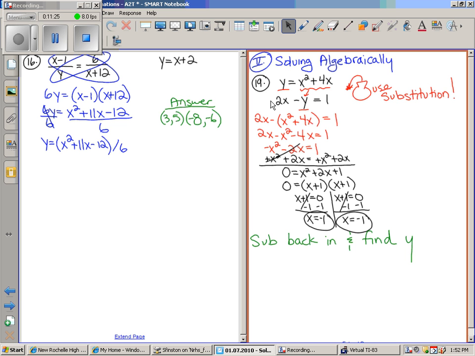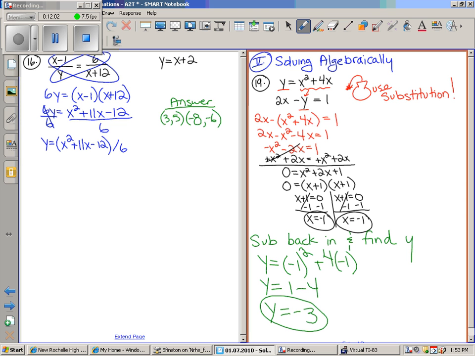Do you think it makes a difference which one you sub into? Nope. So y equals -3.